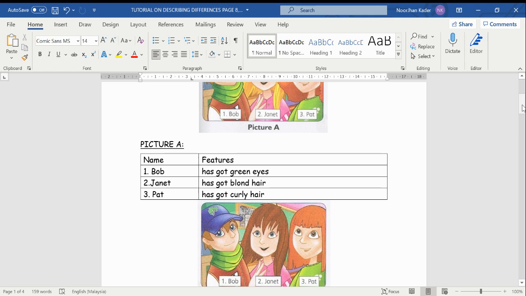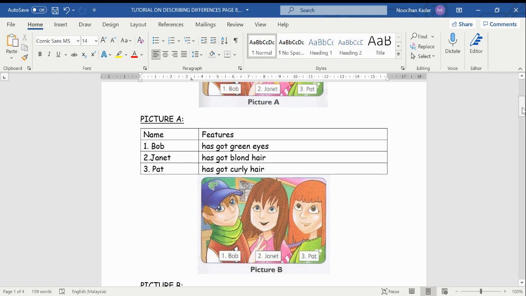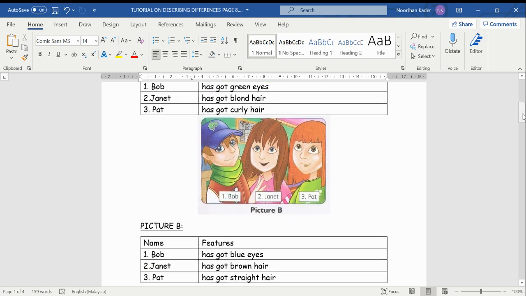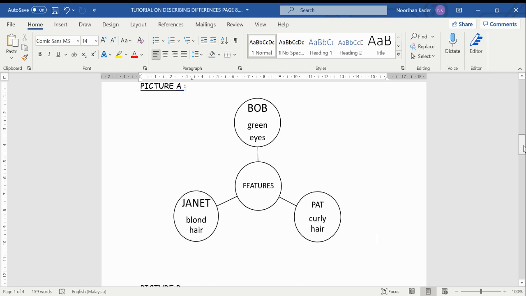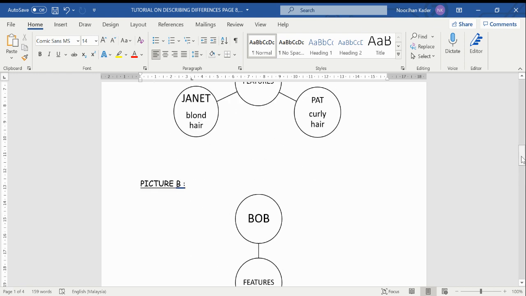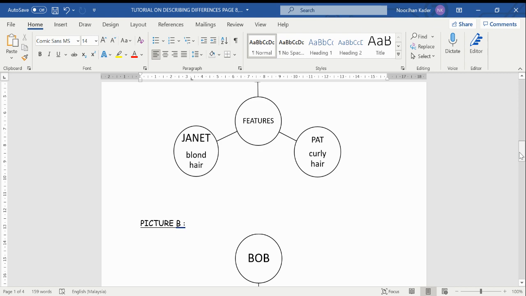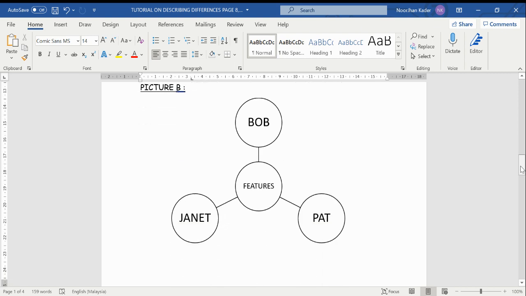So we actually classify them in the table. Then after that, we break it down further, or classify it further, by making a bubble map, which is easy for you to see. Okay? Now let's go to picture B.